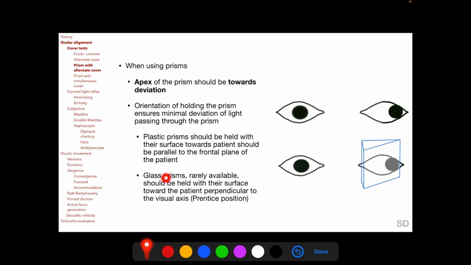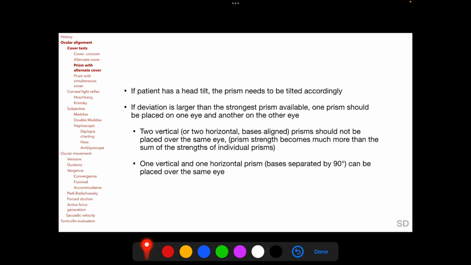And glass prisms, which are rarely available nowadays, should be held with their surface towards the patient perpendicular to the visual axis. And we note here that parallel to the frontal plane and perpendicular to the visual axis are not the same. If the patient has a head tilt, the prism needs to be tilted accordingly towards the left or the right.